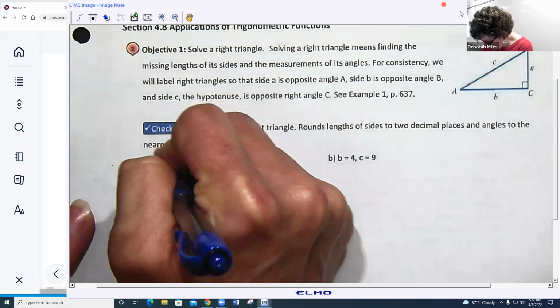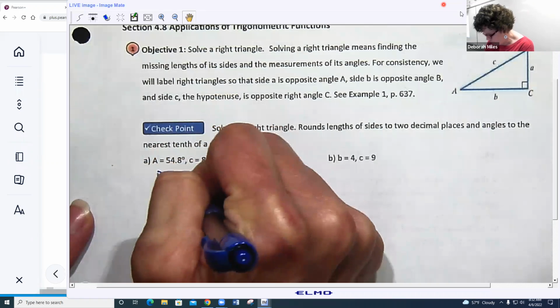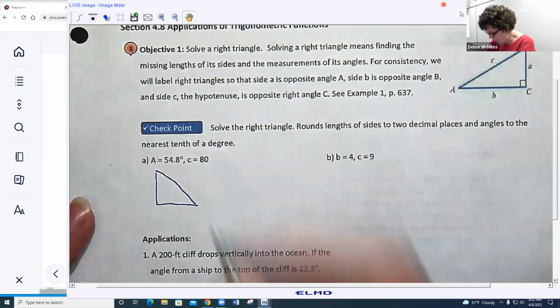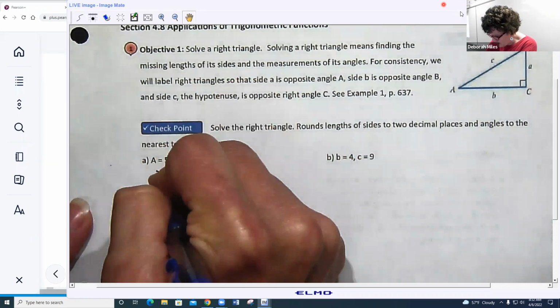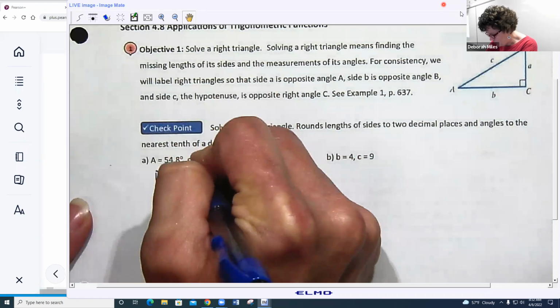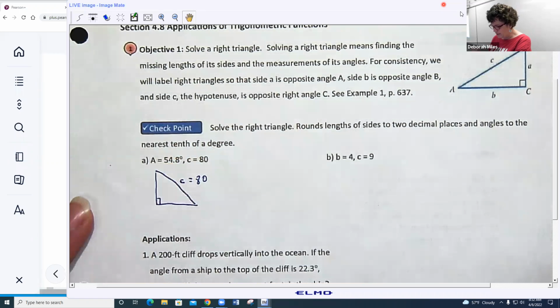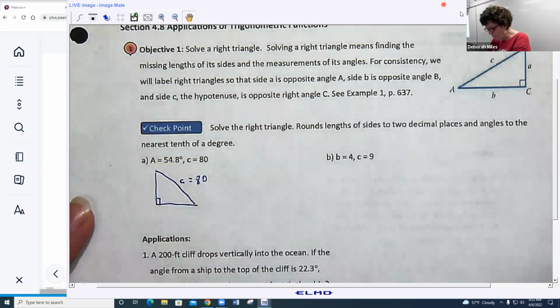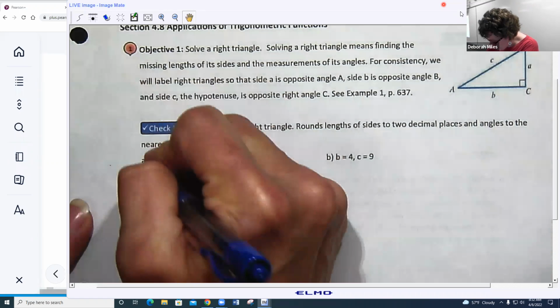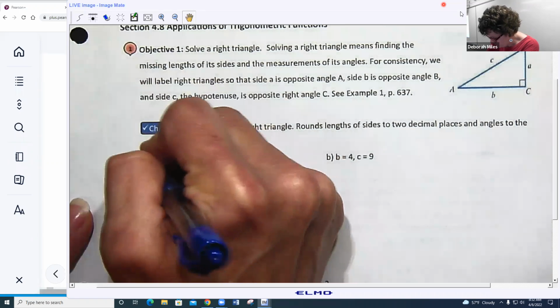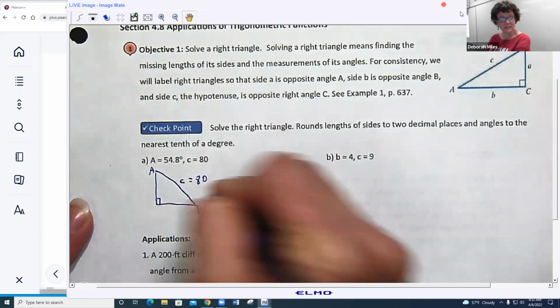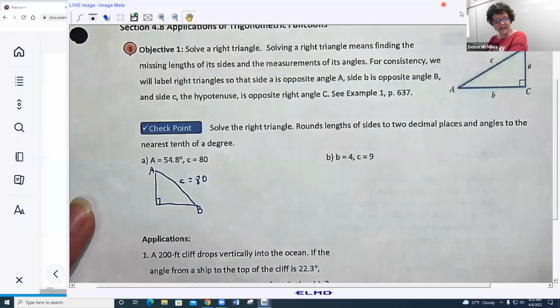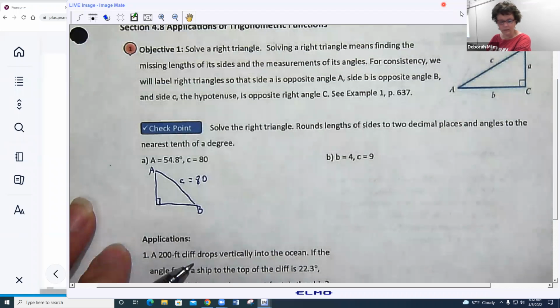My drawings are never going to be to scale, but there's my right angle, there's my hypotenuse. Doesn't matter which angle I call A and which angle I call B, but once I label those, it does matter which side I call little a and which side I call little b.